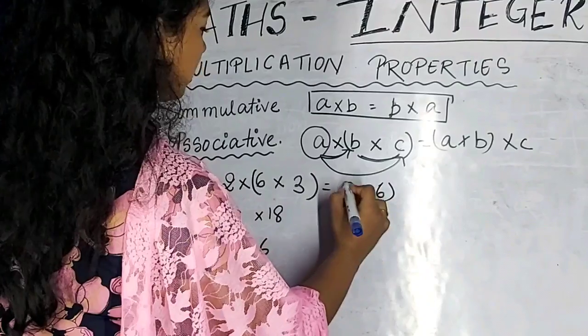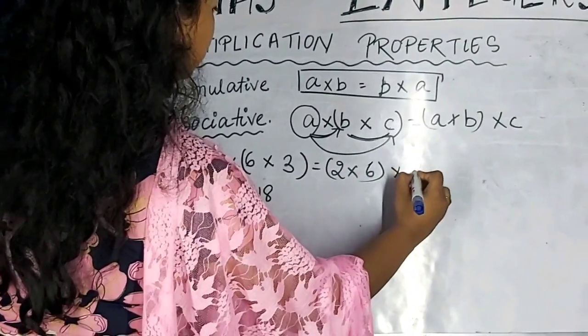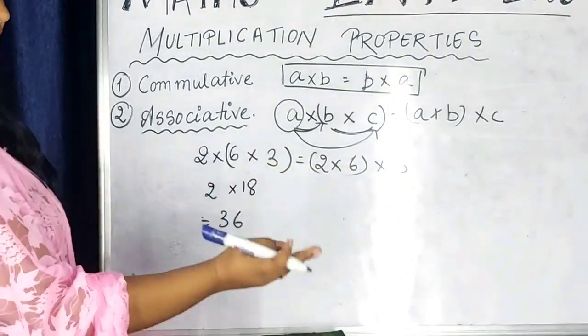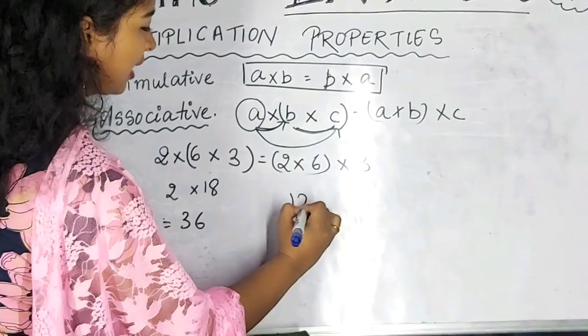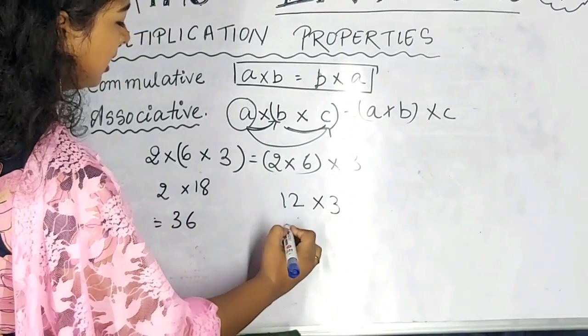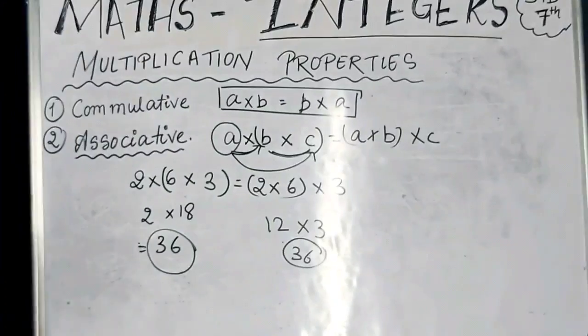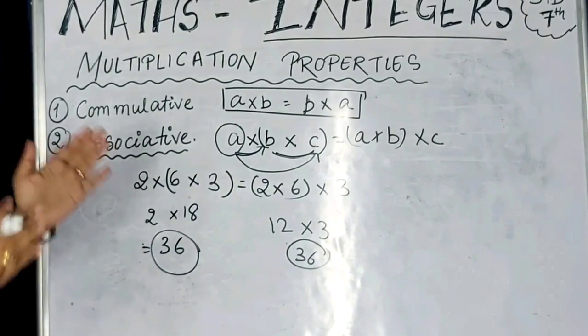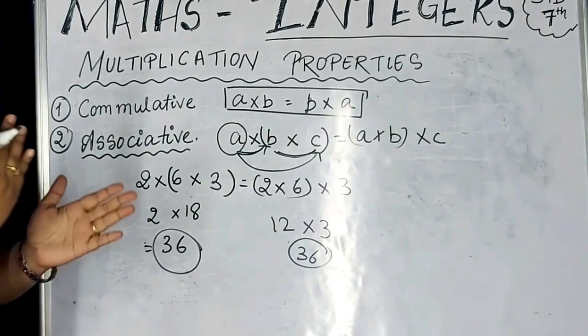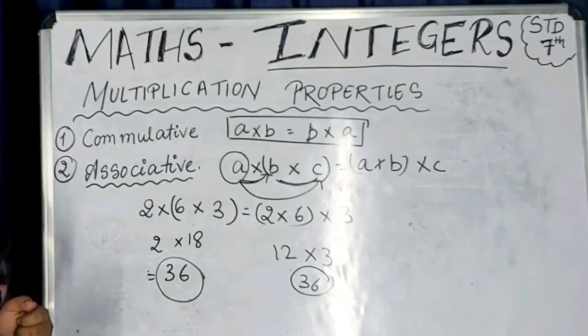So 2 into bracket 6 and 3. Now 2 and 6 we have taken as a pair. 2 sixes are 12. 12 into 3 is your 36. We get the same answer, right? So this is what happens in the associative property of multiplication.